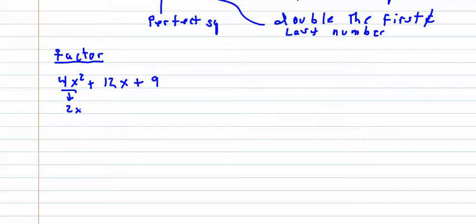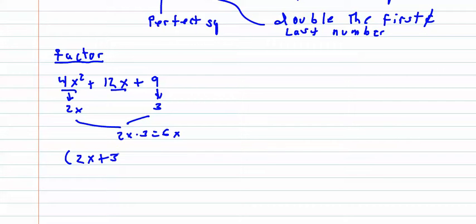Perfect square, that's 3. 2x times 3 equals 6x. If I double 6x, I get 12x. This is easily factored: 2x plus 3, squared. All right? That's all you have to do.